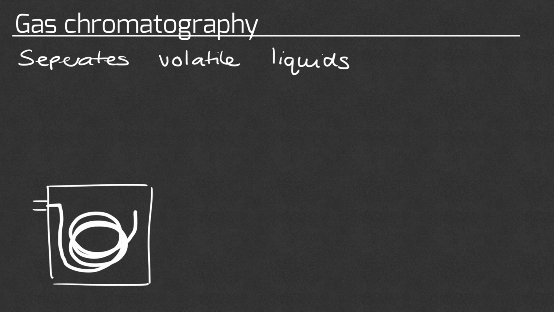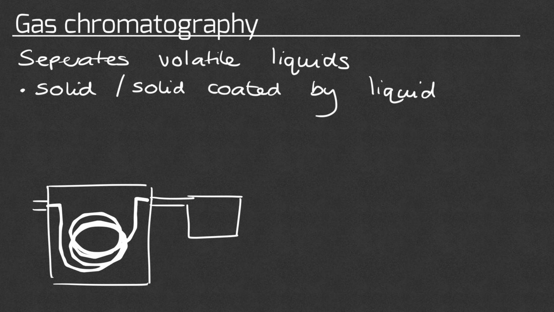A gas chromatography machine consists of a long coil of a solid or a solid coated with a liquid. This is your stationary phase. Your mixture is inserted and mixed with an unreactive carrier gas, which is then passed through the solid or solid coated by liquid.